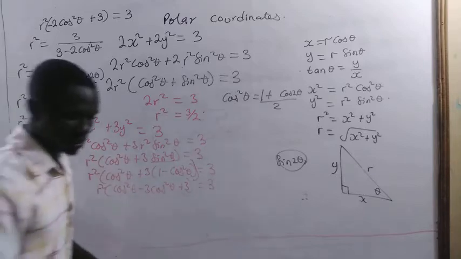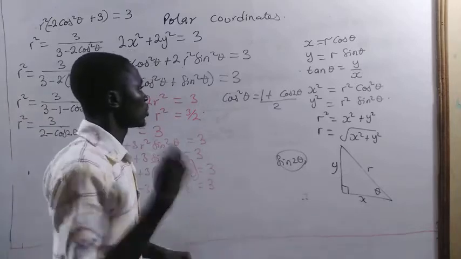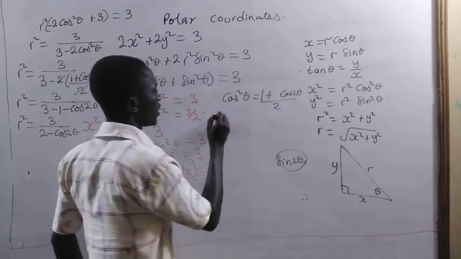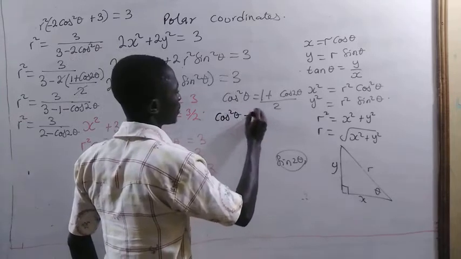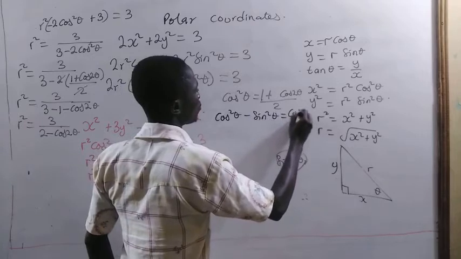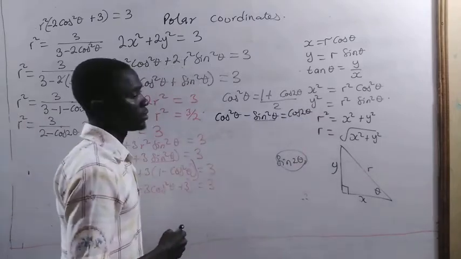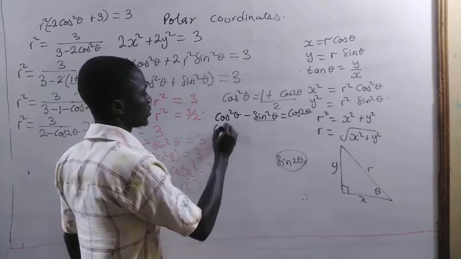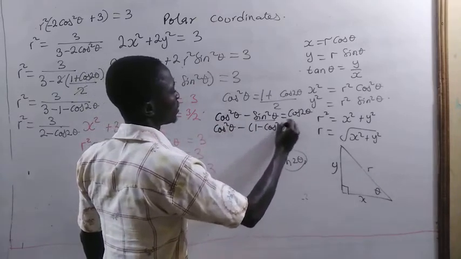Now, let's see how we got this one if you don't understand. If you have cosine square theta minus sine square theta equal to cosine of 2 theta, you can substitute for sine squared to get cosine square theta minus 1 minus cosine square theta.